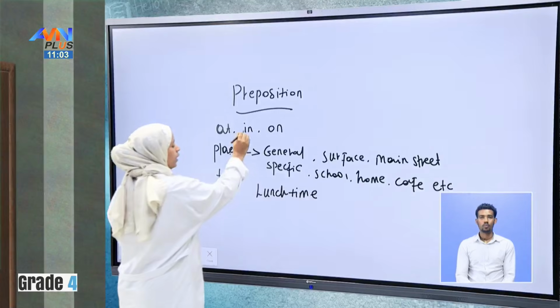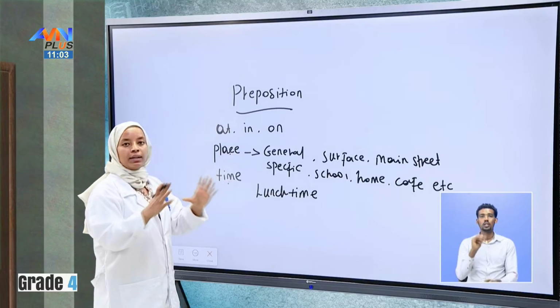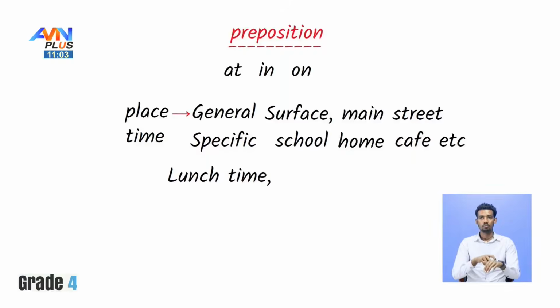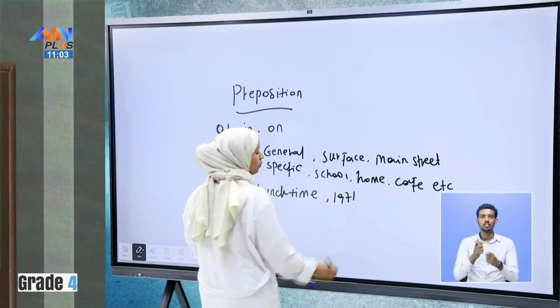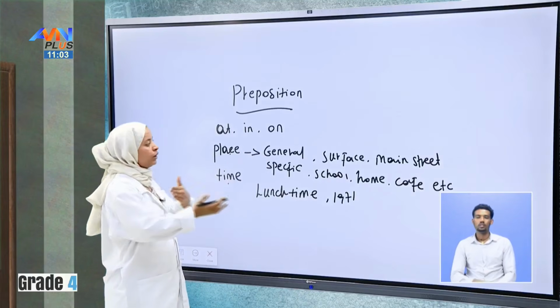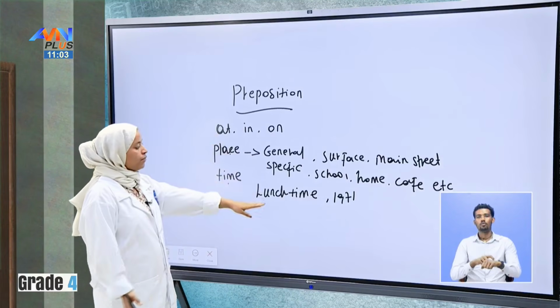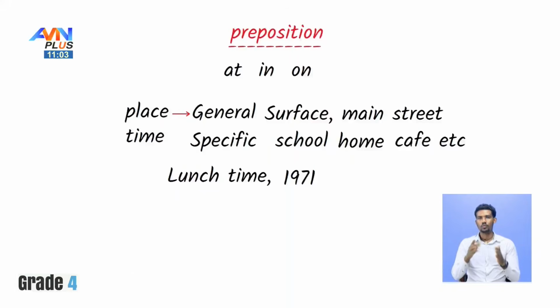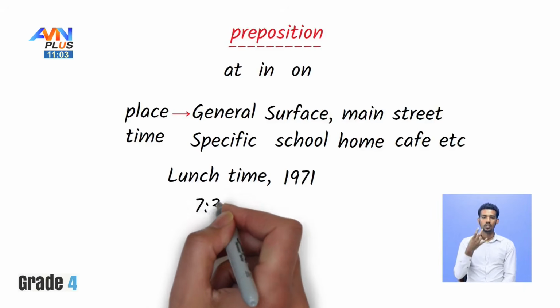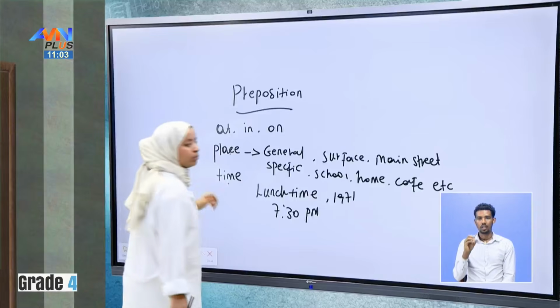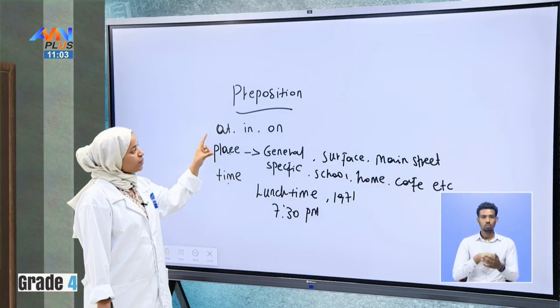When we come to in, we use it for general timing, like year 1971, like a long period of time. But at is very specific, like 7:30, maybe p.m. Like this, we can use it for a very specific time.